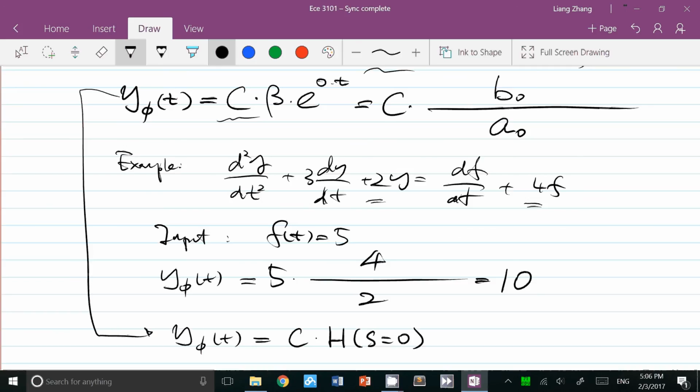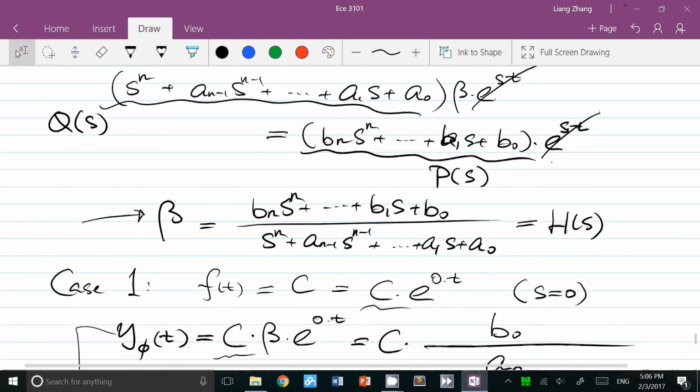This is what we just did. We replace all the s in this polynomial to be 0. So all the s terms will be 0, you're only left with the constant terms of b0 over a0.